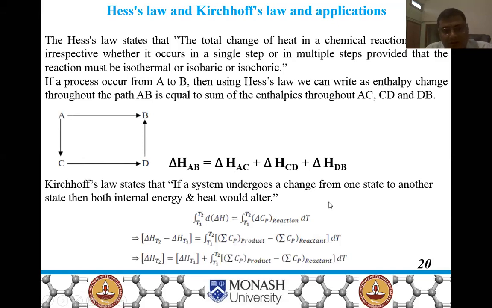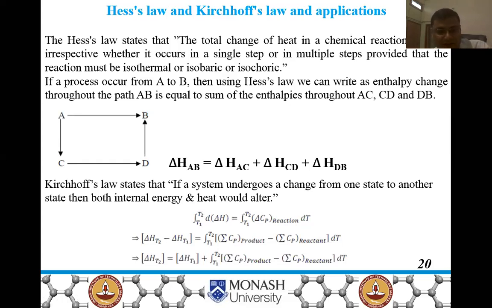And now Kirchhoff's law states that if a system undergoes a change from one state to another state, then both internal energy and heat will alter. This means that the integration of T1 to T2 of d delta H is equal to the integration T1 to T2 of delta Cp reaction into dT. So delta Cp reaction can be written as sigma Cp product minus sigma Cp reactant.